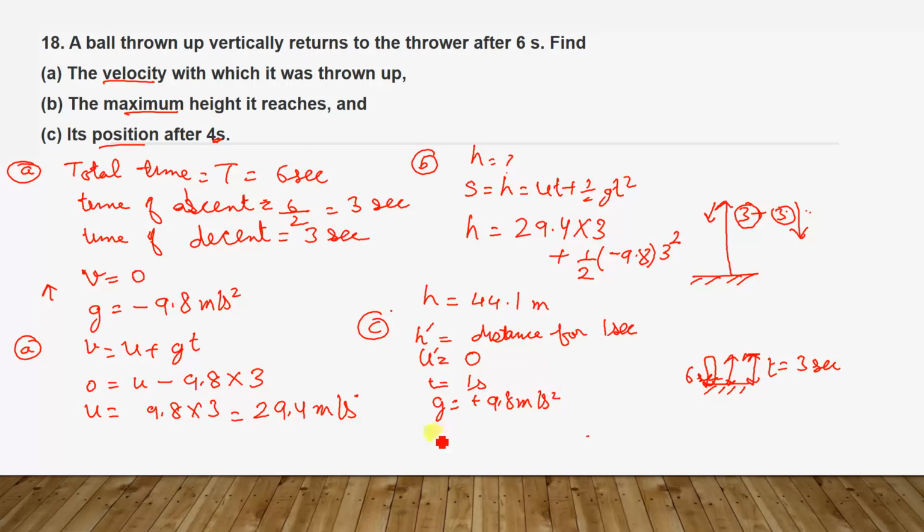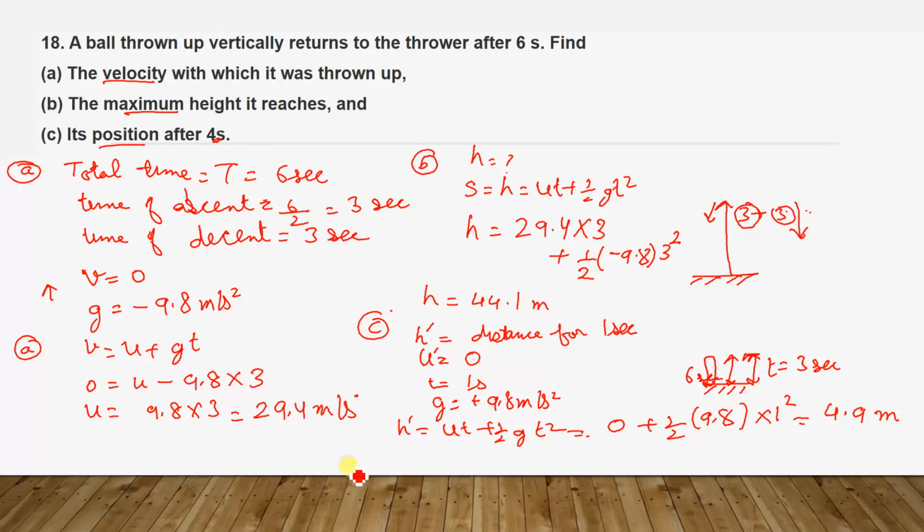So let's apply the formula distance निकालने का, h equal to ut plus half gt square. On applying the formula, u is taken to be 0 plus half into 9.8 into 1 square. So after solving, we are getting 4.9 meters.